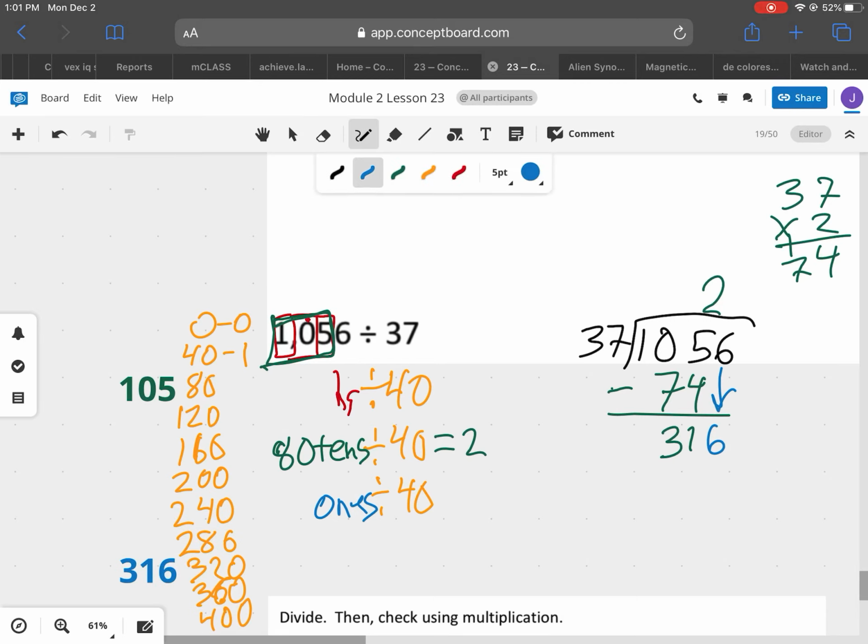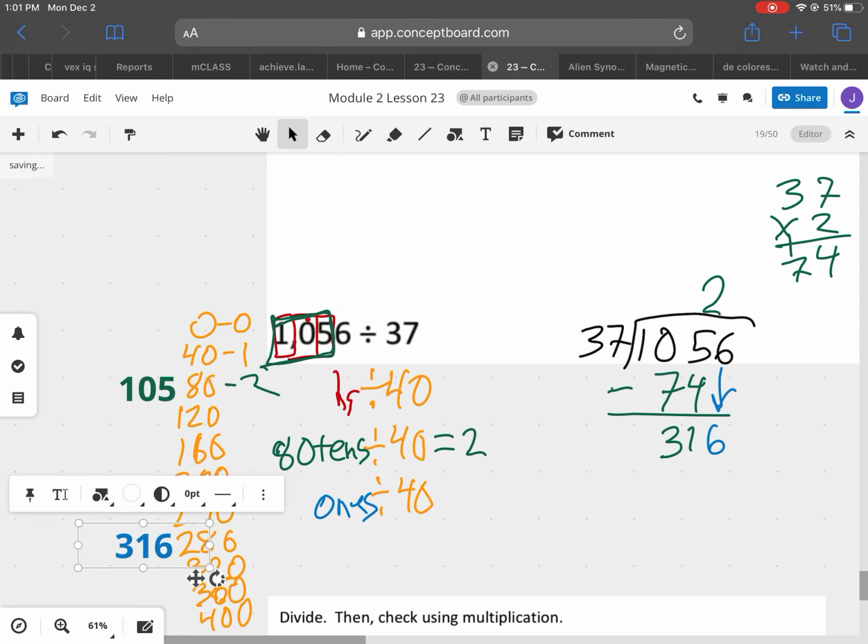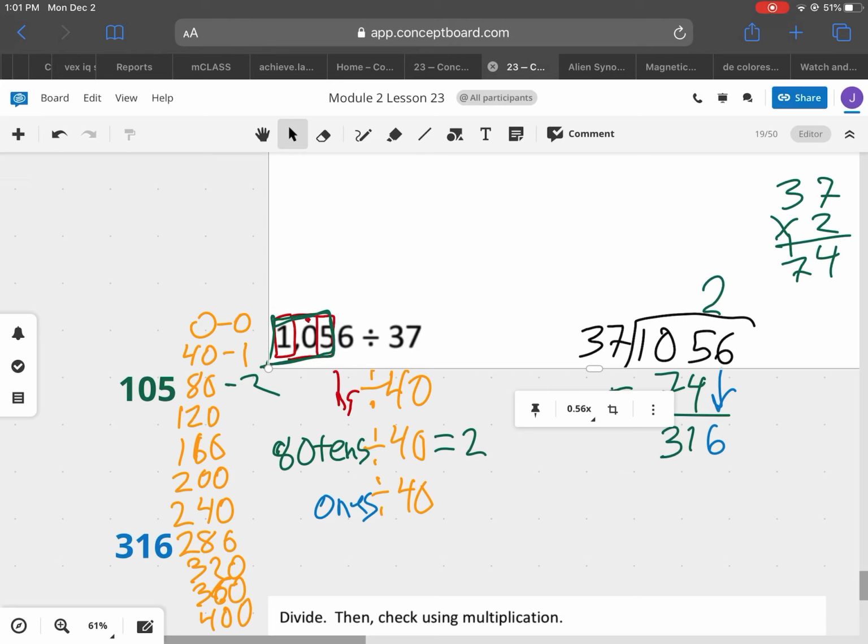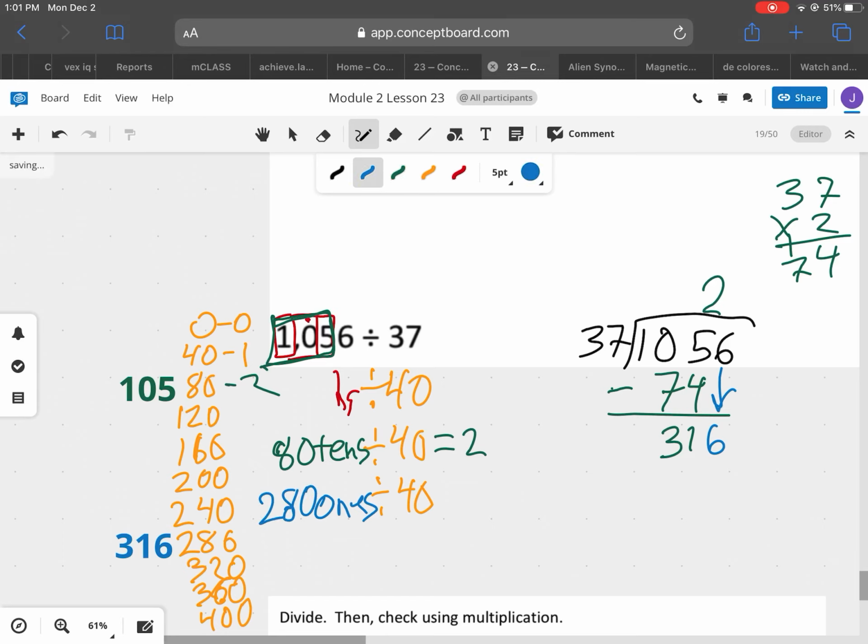So if I'm counting, this would be 2. So I'm going to write 320. Oh, 320 is too much. Sorry. 280. That is an 8. Excuse me. So we're going to do 280 ones. And that's 7 ones.